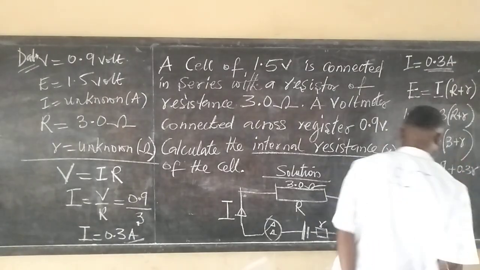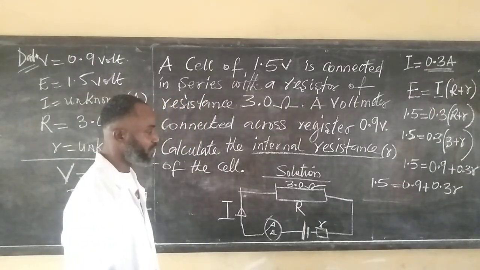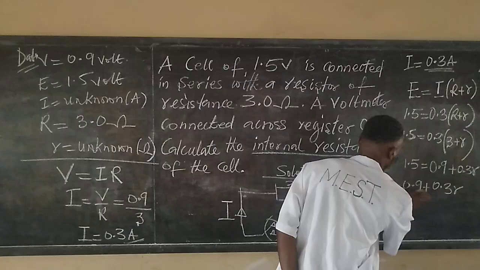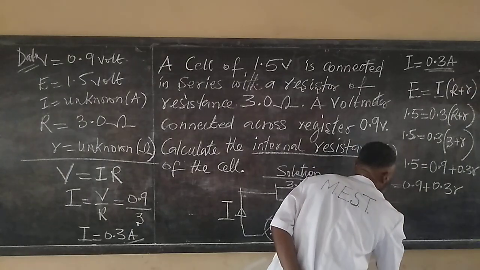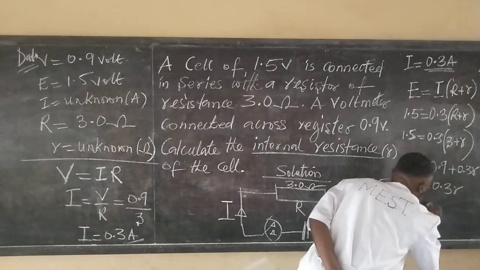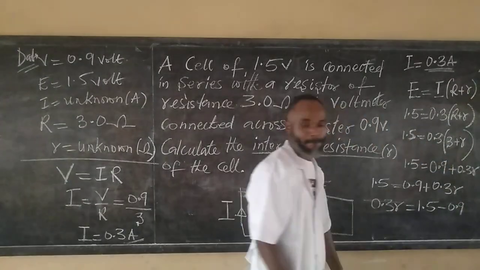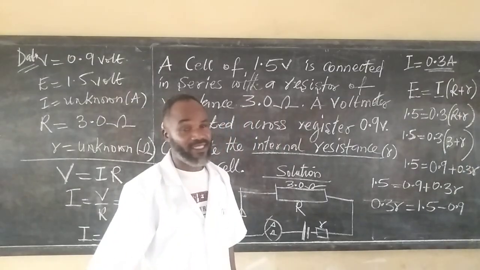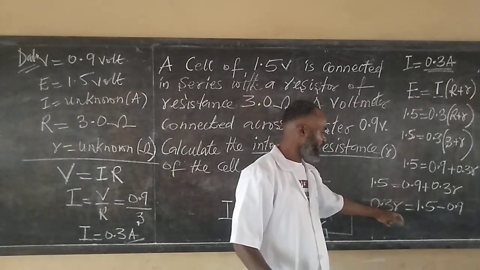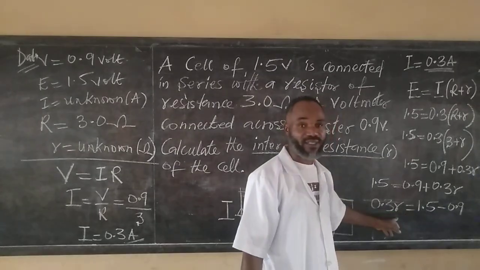So we can now make r the subject. If we do that, the 0.9 comes here, and we have 0.3 r is equal to 1.5 minus 0.9. Once we make this the subject, we have the value of the internal resistance of the cell.